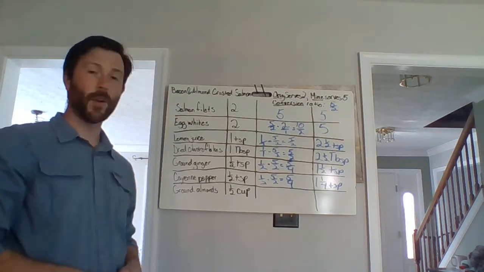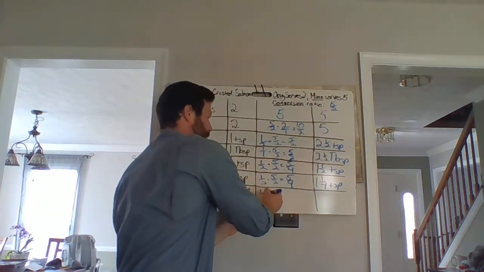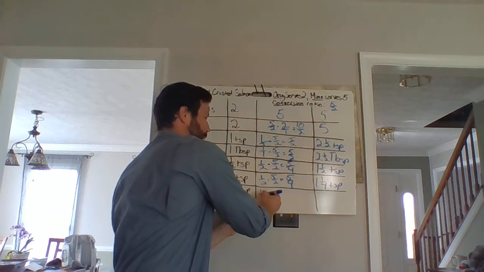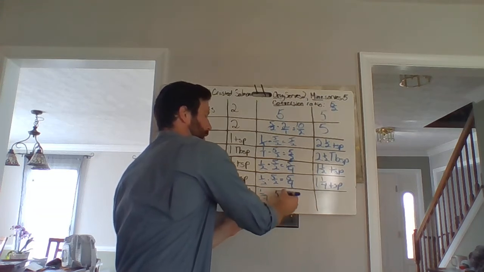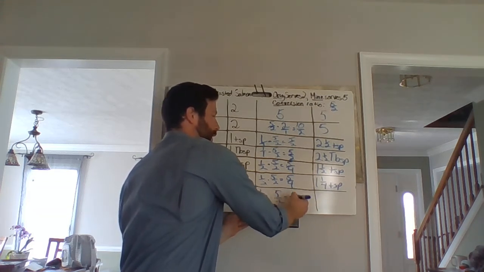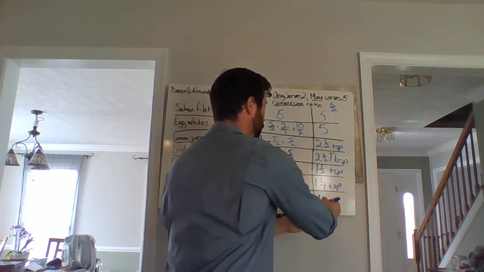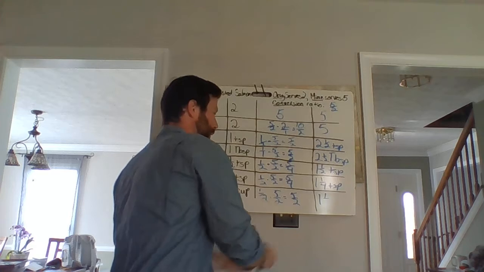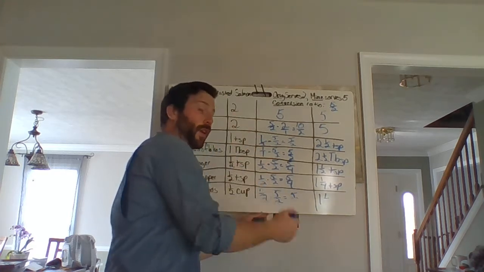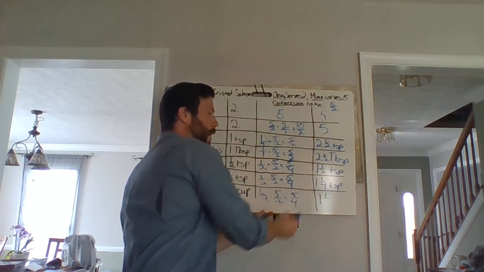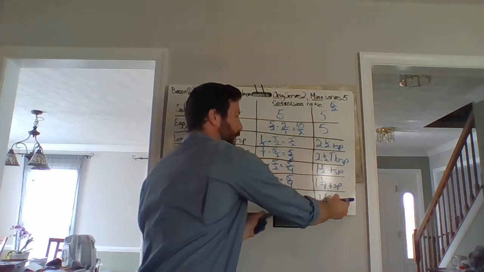And lastly, the ground almonds: 1/2 cup times 5 over 2 is going to be 5 half cups, or 5 quarter cups, which is 1 and 1/4 cups.